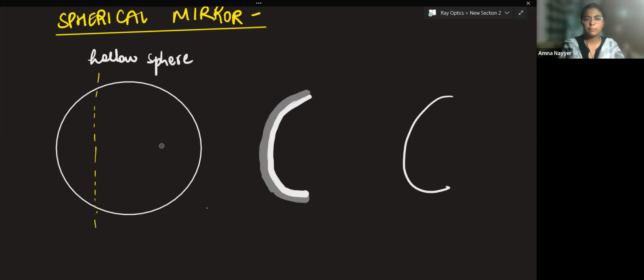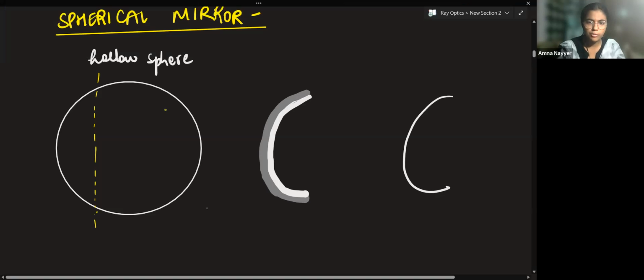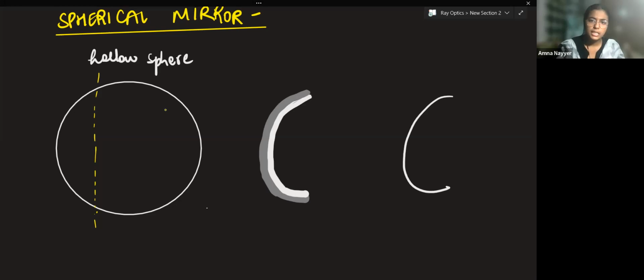So what is happening? Here, all the light rays that will fall, they will come from this part and will get reflected over here. This part has now been silvered, so this cannot act as a reflecting surface for you. This side has been blocked.